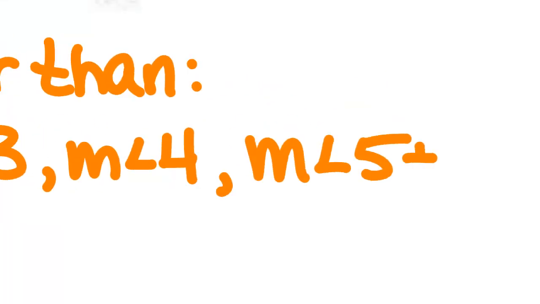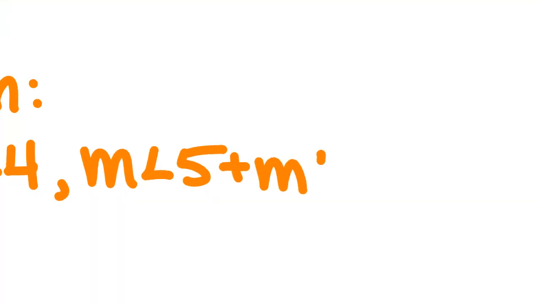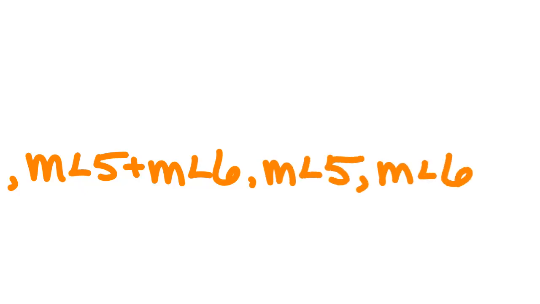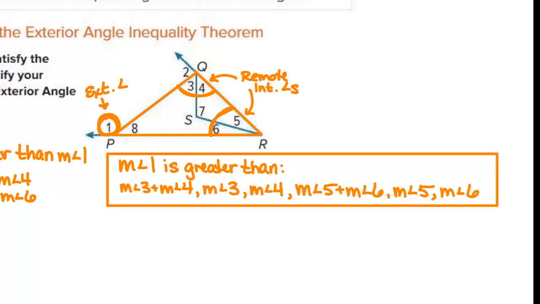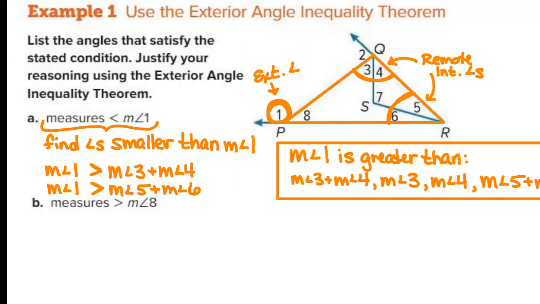It's bigger than angle 5 plus angle 6, which means it has to be bigger than angle 5 by itself. And it has to be bigger than angle 6 by itself. So that would be my full answer for part A. Measurement of angle 1 is bigger than angles 3 plus 4, then angle 3, then angle 4, then angle 5 plus 6. It's bigger than angle 5, and it's bigger than angle 6. That is everything that I can prove angle 1 is bigger than.